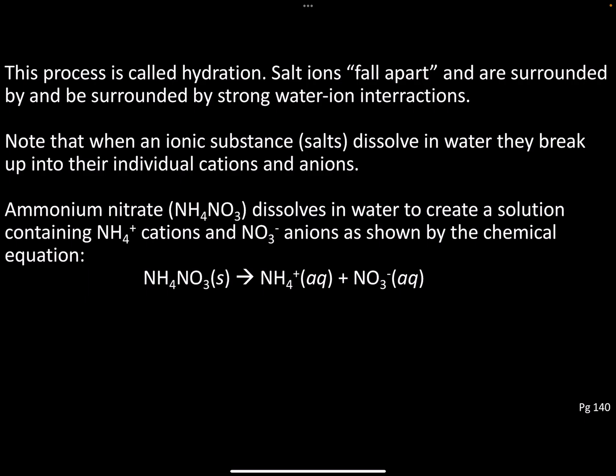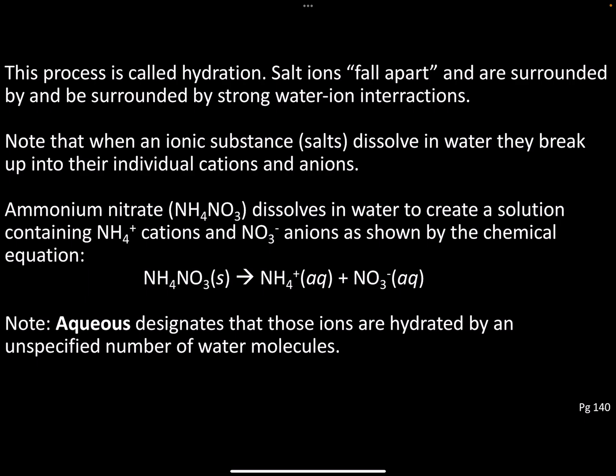You can see that a solid, that arrow would say goes to, it's being put in water at this point, and then it goes to aqueous ammonium ions and aqueous nitrate ions. Note that AQ designates that those ions are hydrated by an unspecified number of water molecules. So that just means there's a lot of water around those ions.